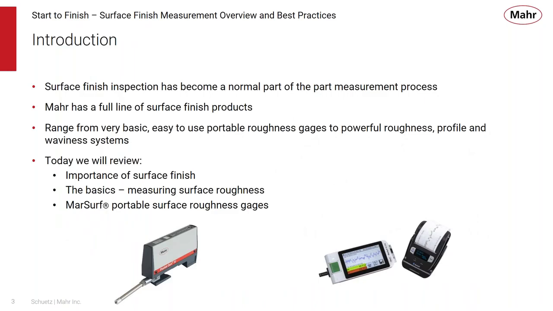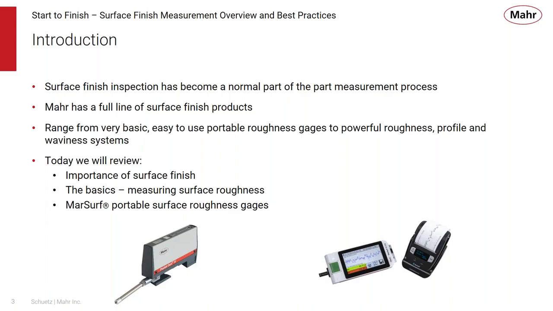So as an introduction, surface finish inspection has become a normal part of the part measurement process. Mahr has a full line of surface finish products. They range from very basic, easy-to-use portable surface gauges to powerful roughness profile and waviness systems.